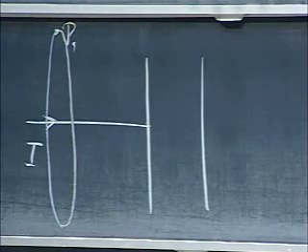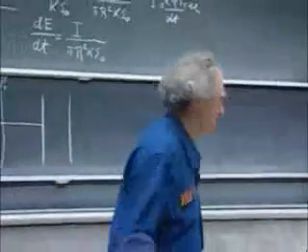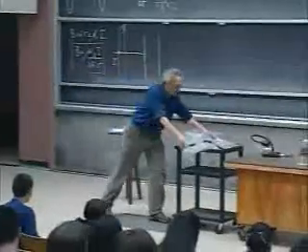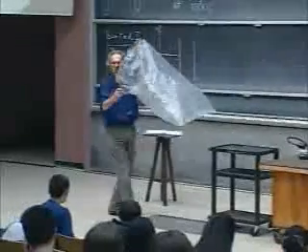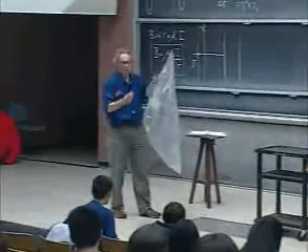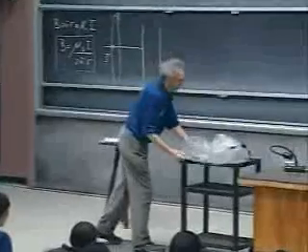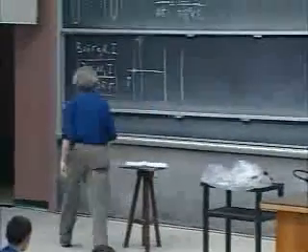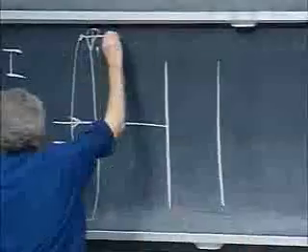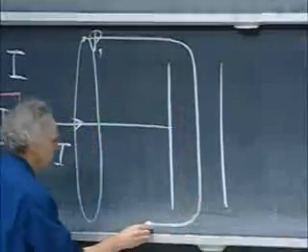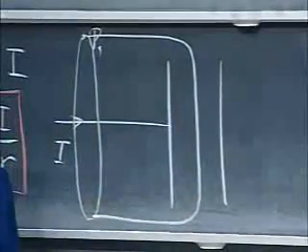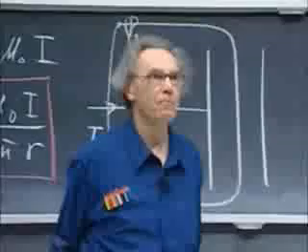Why should I choose a flat surface? I'm entitled to any surface. I like surfaces like this. They are attached to a closed loop. So I will choose that kind of a surface. The surface now goes like so, right through the capacitor plates. And I apply Ampere's law.